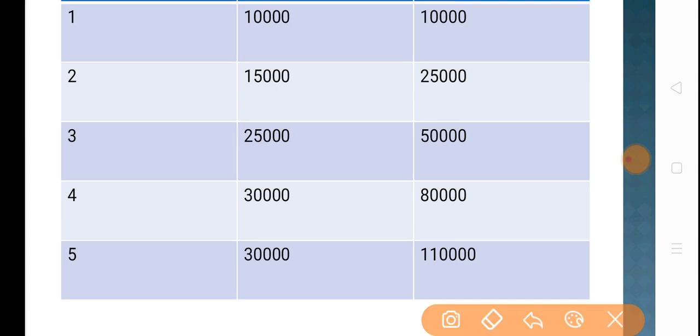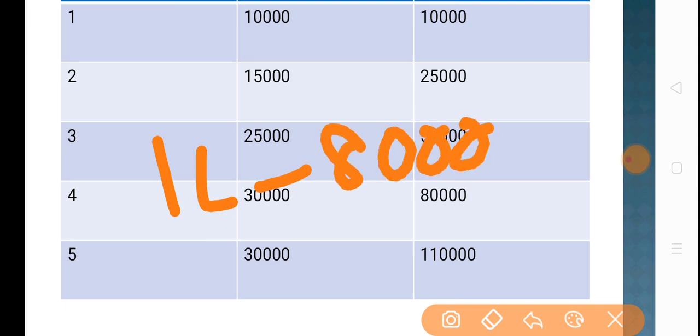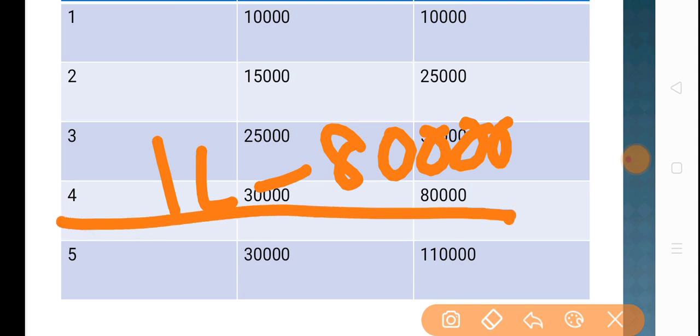How will we get it? 1 lakh minus 80,000 is the balance amount still to be recovered in the 4th year. We already took E. E means the year before the final recovery. That is E. E is the 4th year. B is in this year. You can see 80,000 as cumulative inflows.